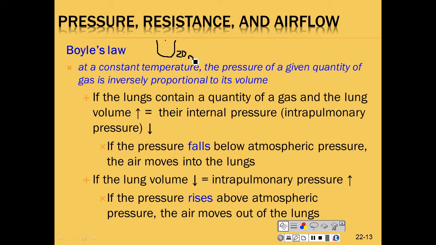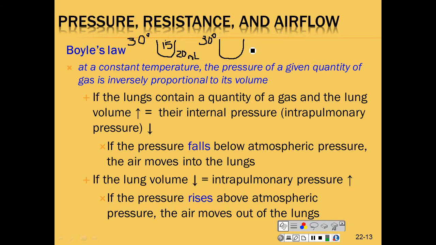Just making up numbers right here. Then just say that the internal pressure is, let's say, 15. As the temperature is still the same, 30 degrees, temperature over here is still 30 degrees.